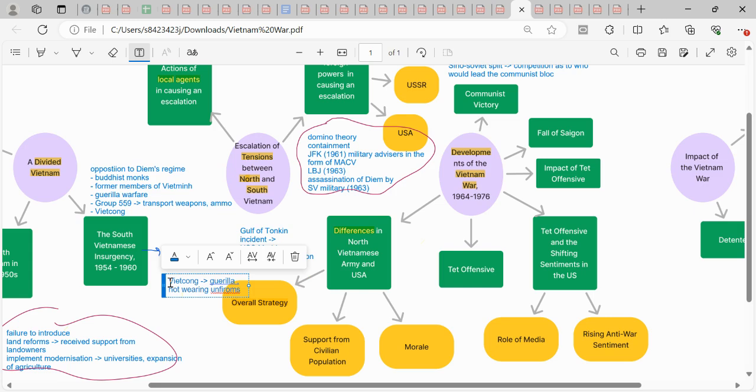That was their strategy, as opposed to America, whose strategy was very much heavy bombing. They had their Operation Rolling Thunder, where they wanted to disrupt North Vietnamese supplies to the Viet Cong.